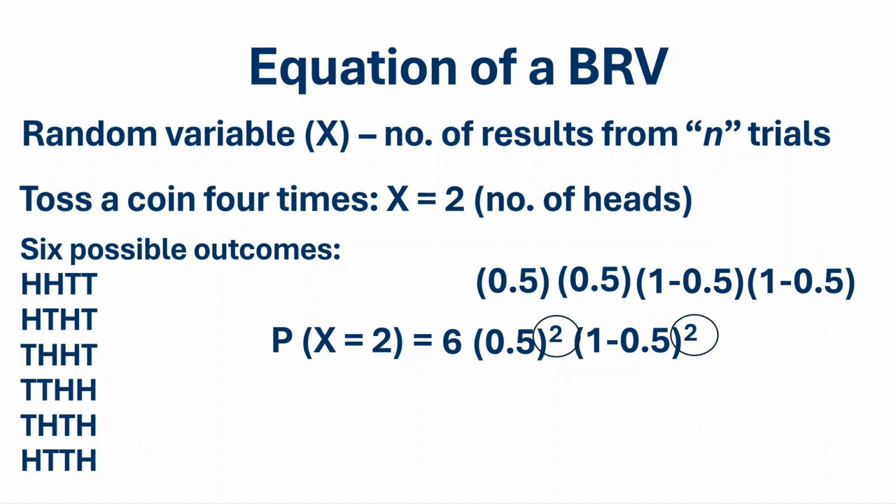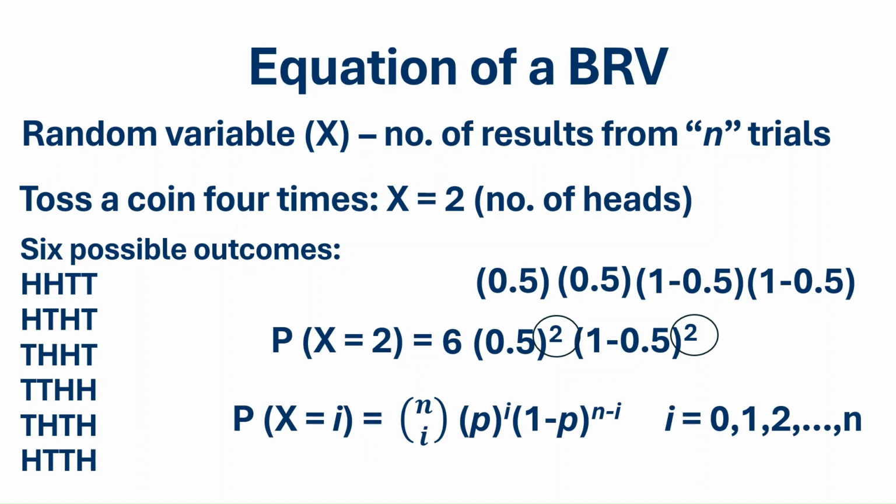We can then generalize this by saying that the probability of the random variable x taking on a certain number of results, which we designate by the small letter i, which in this case was the number of heads, is n choose i, that's the first term, which is the number of combinations, multiplied by the probability of getting a head, p, to the power i, and all this is multiplied by (1 minus that probability) to the power n minus i.